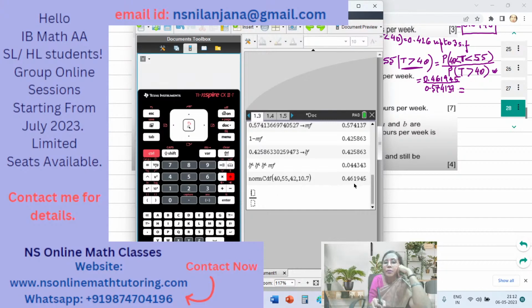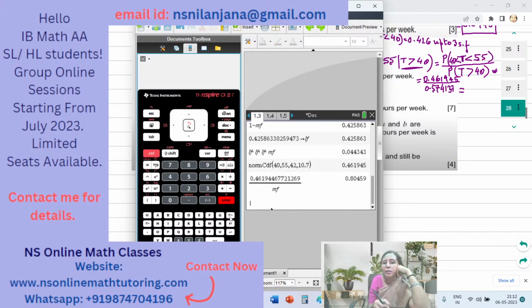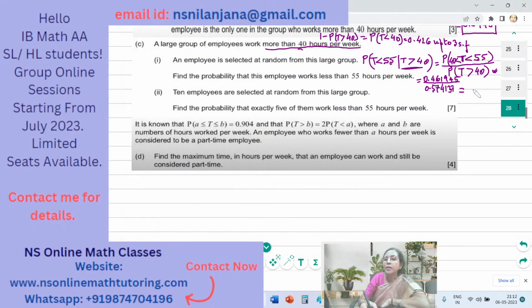The upper part will be the answer, this one, numerator, and the denominator will be more than 40. So let me just take the more than 40 MF, okay, and enter. So it is 0.805, okay, up to 3 significant figures. 0.805.